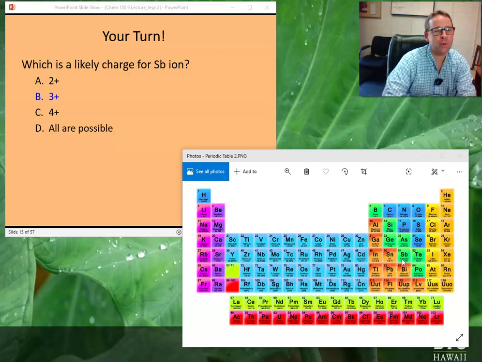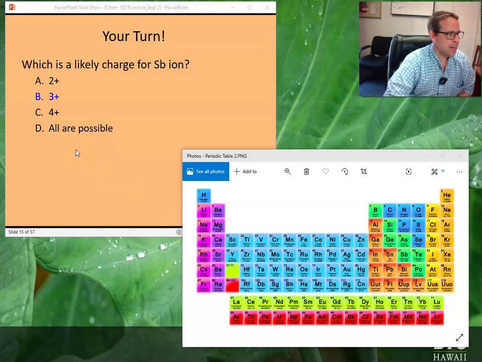But as far as positive ions, what would be the next possible positive ion, Alyssa? +4? +1, 2, 3, and then you'd have these 2 to lose down here, right? +5. +5, that's right. So antimony generally will form a +3 or a +5 in its compounds.